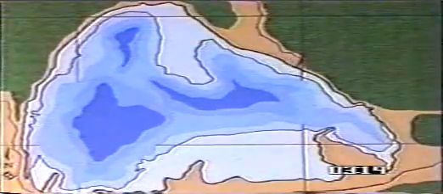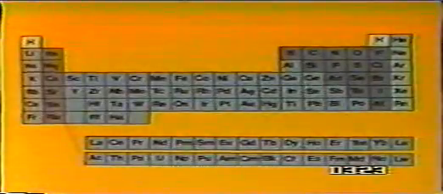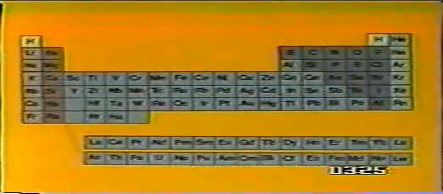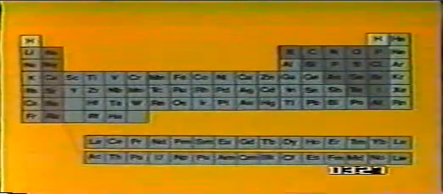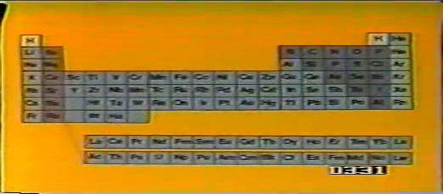A map can also organize information according to similarities within a given area. A contour map, for instance, can organize information about a land area on the basis of elevation, or about a water area on the basis of depth. The periodic table also organizes detailed information. The elements are arranged in order of atomic number, the number of protons in a nucleus.